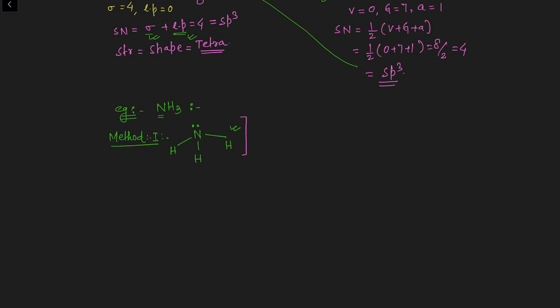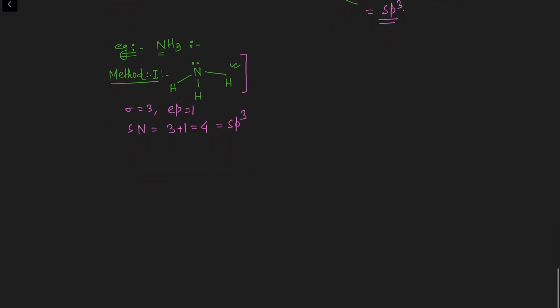Now check here. The number of sigma bonds is 3, the lone pair of electrons is 1. So what is the steric number? The steric number will be 3 plus 1, 4. Now the hybridization is sp3. Here the lone pair is 1, so that means the structure and shape are not equivalent.